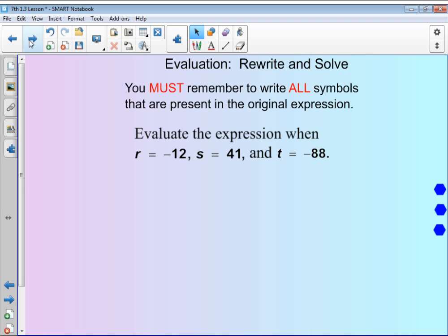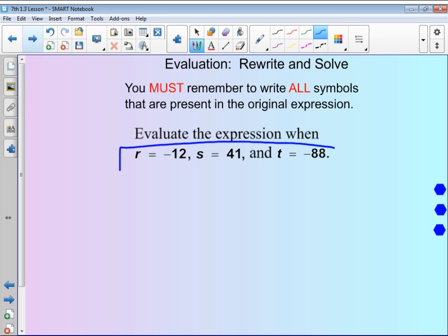In evaluation, that's where you substitute in a number for a letter. And they're always going to tell us what each letter is worth. So here is the information they're giving us for what each letter is going to be worth. We've got R is -12, S is 41, and T is -88.